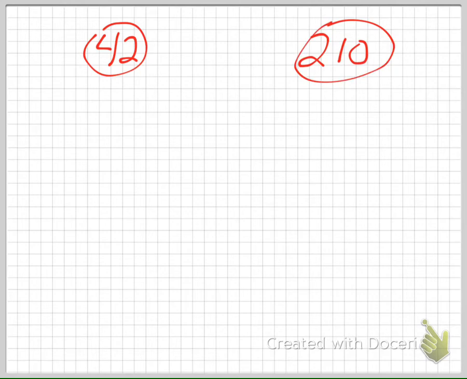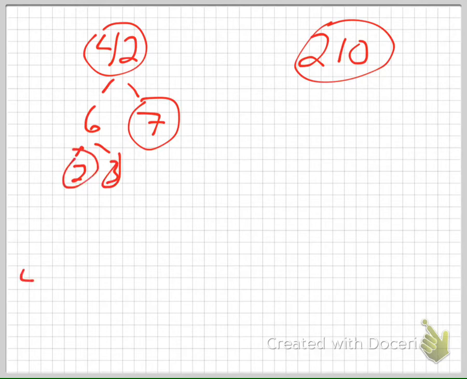Least common multiple of 42 and 210. Prime factorization of 42, what could I put? 6 and 7, that's prime. 2 and 3, all prime. Prime factors of 42 are 2 times 3 times 7.